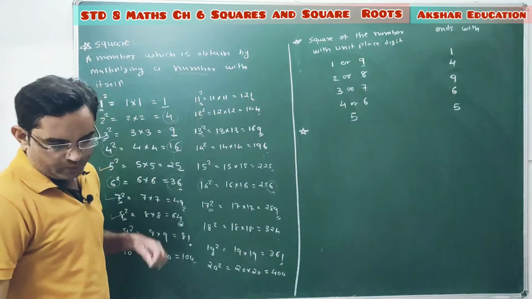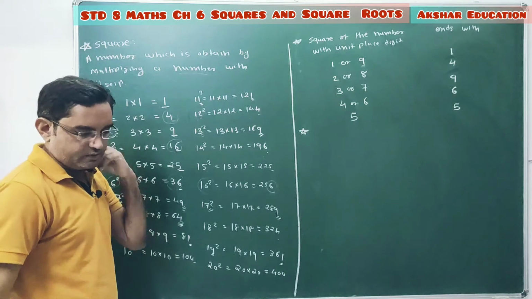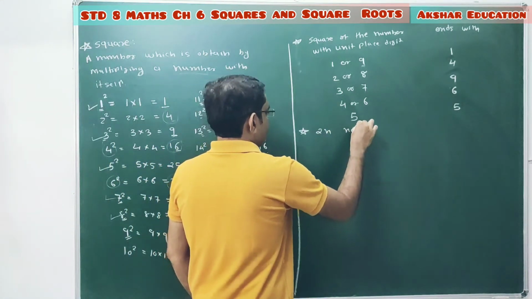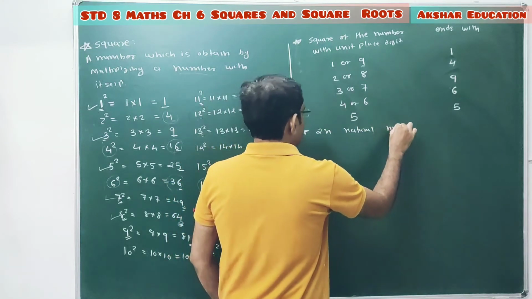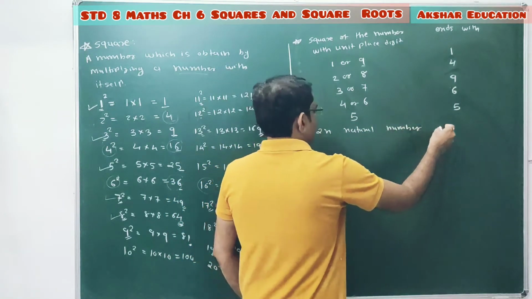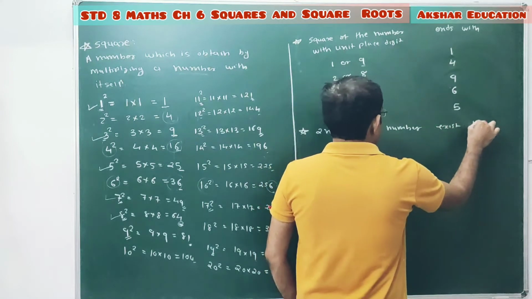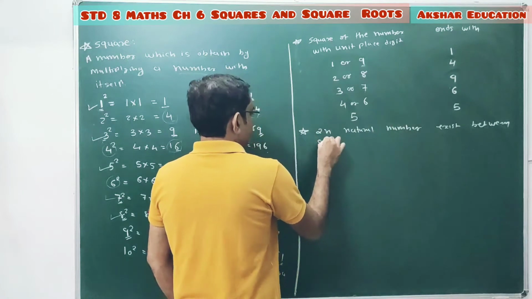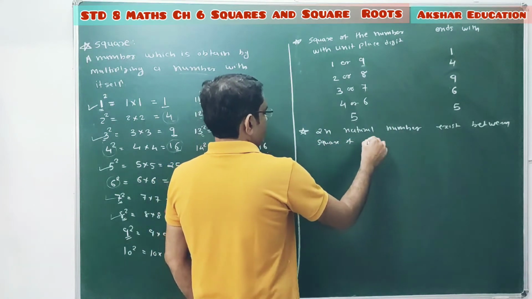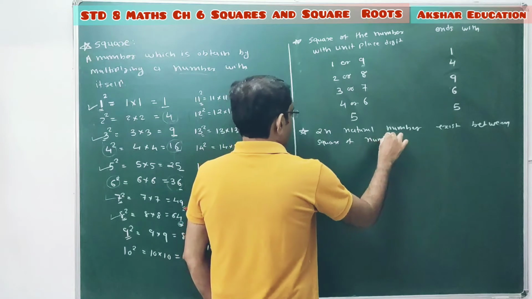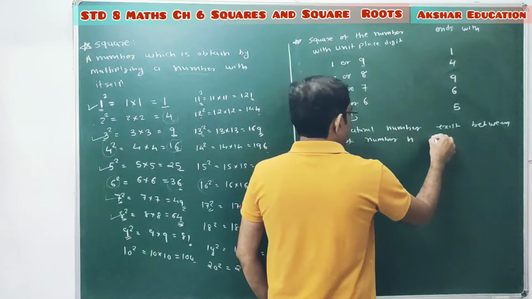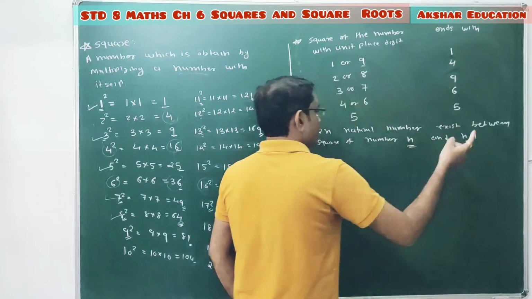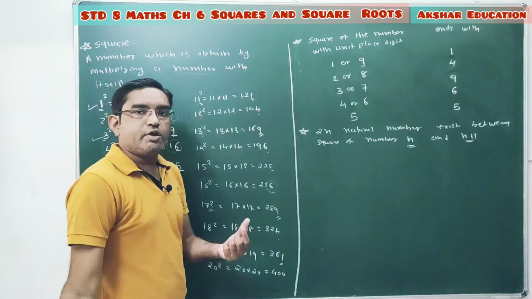Now the next property. The next property says that 2n natural numbers exist between the square of natural number n and n plus 1. n plus 1, what does it mean? 2 consecutive natural numbers.